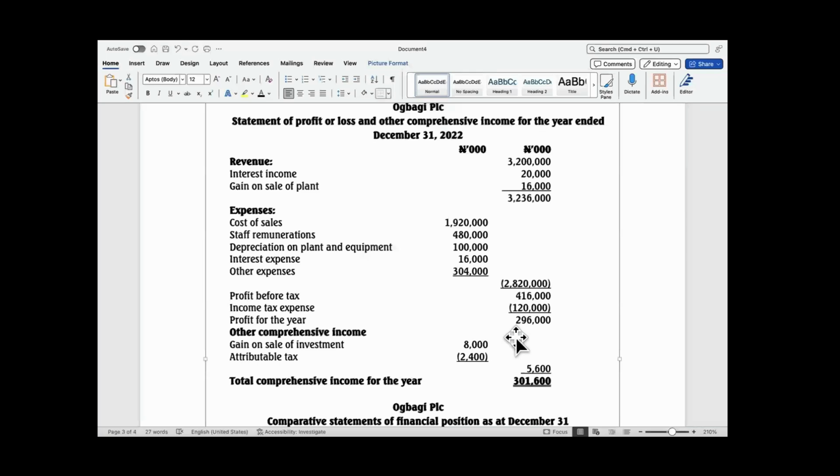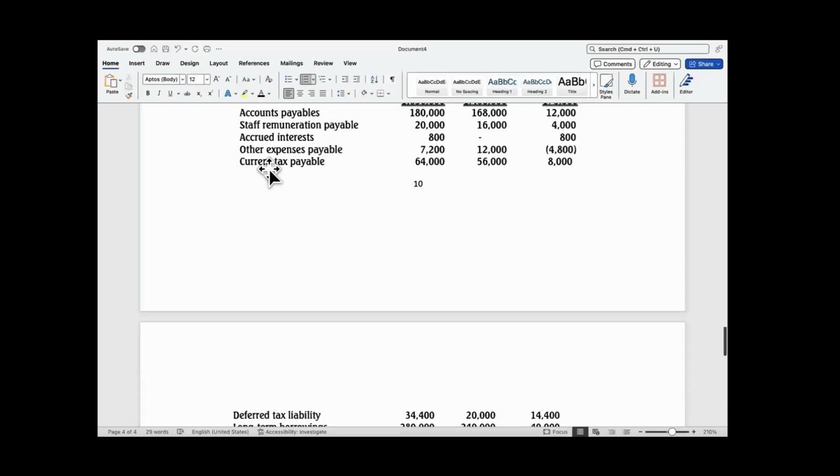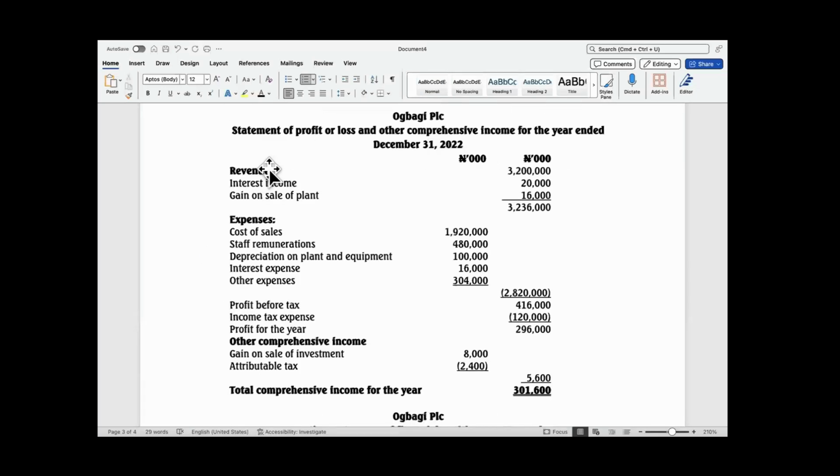So I might want to start with my workings, then I move towards putting them in the solution. Okay, so let's pick them one by one. Direct method, you have to pick each item in your P&L one by one. Logically, you don't have to jump any step.